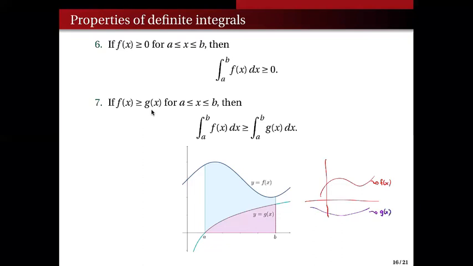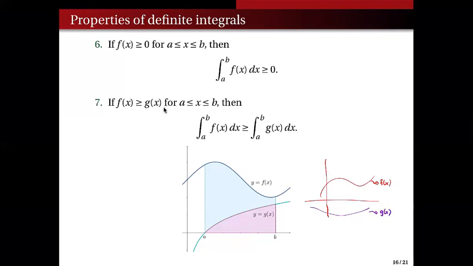This will still hold. As long as your f of x is greater than or equal to g of x over a certain interval, then the integral over that interval of your f of x will still be greater than or equal to the integral over that interval of the g of x.